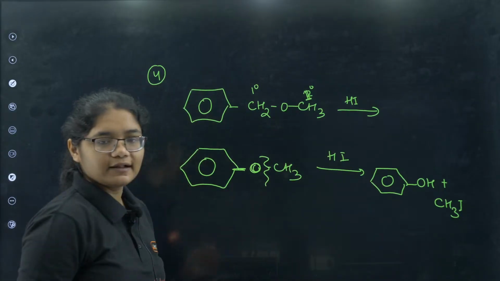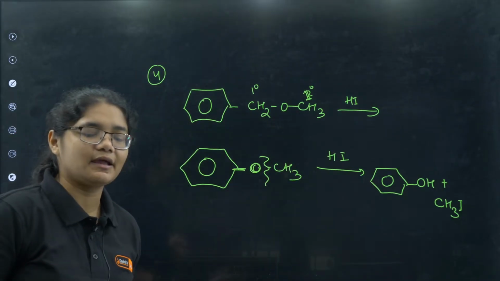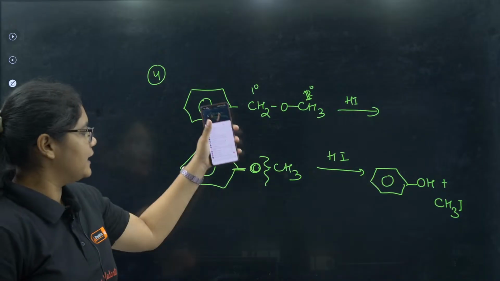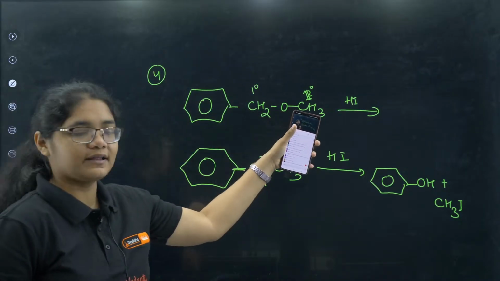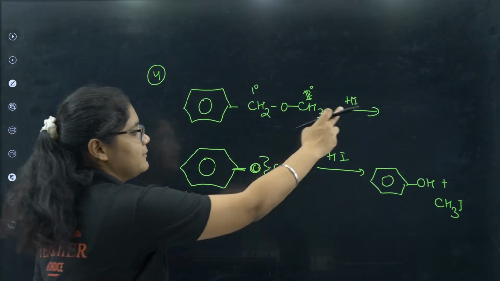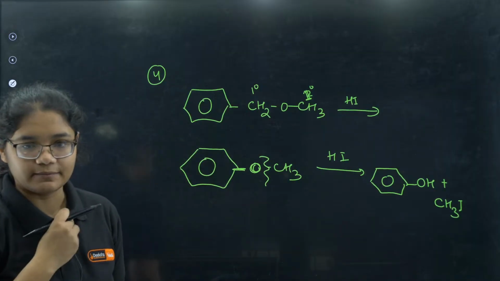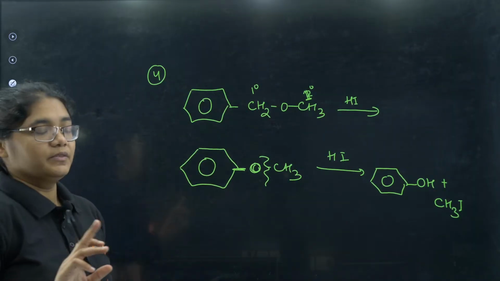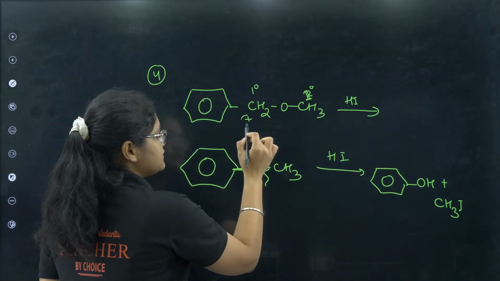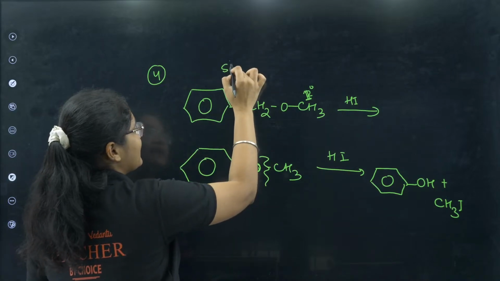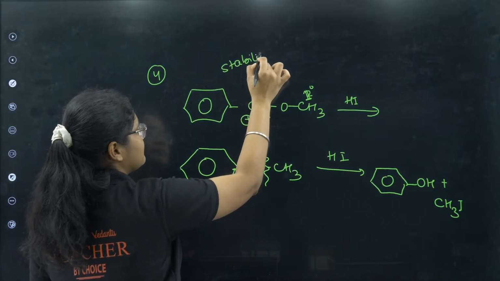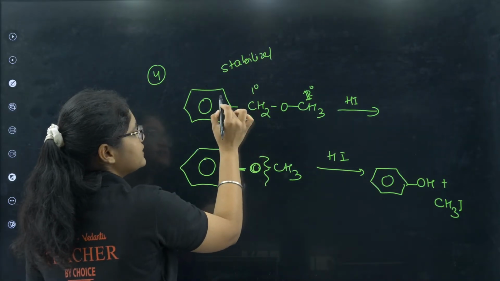Now you will say, ma'am, both are primary, so I minus will go to the less hindered side, and here I can see a very bulky group and here a less bulky group, so I minus will go to the less bulky side, right? That is the rule. No, see, this carbocation which is formed here is a stabilized carbocation, because of this benzene ring.